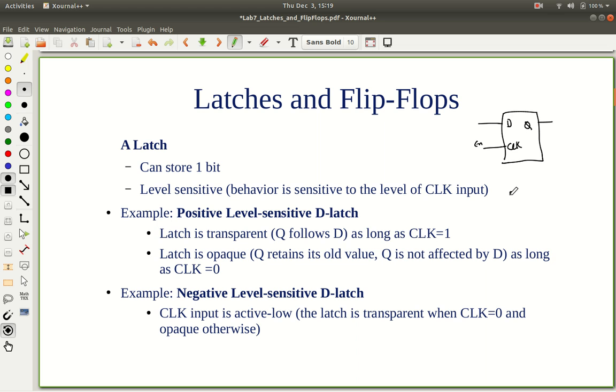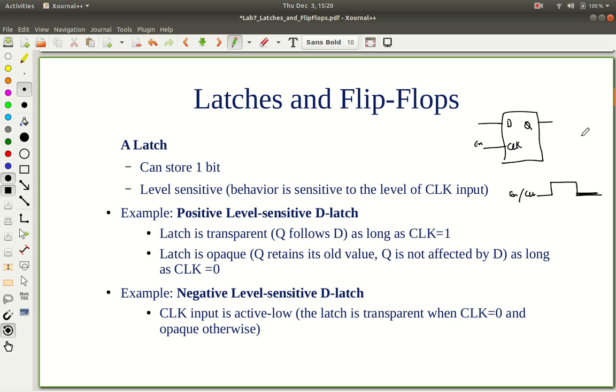That means when the enable or clock signal is high, that is its level is high, the latch is transparent. And when the clock goes low, then Q retains its old value.